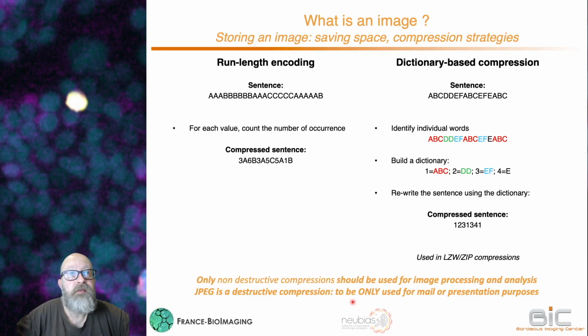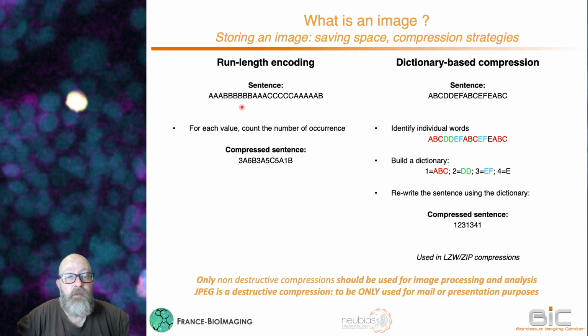Let's assume that we've got this sentence, AAA, BBB, AA, CC, etc. You see that you've got a lot of repetitions of the same characters, and the repetitions take place directly in a row. So instead of stating each single character, it would be easier to have the number of repeats plus the character. And you see that by doing this, the sentence gets really shortened.